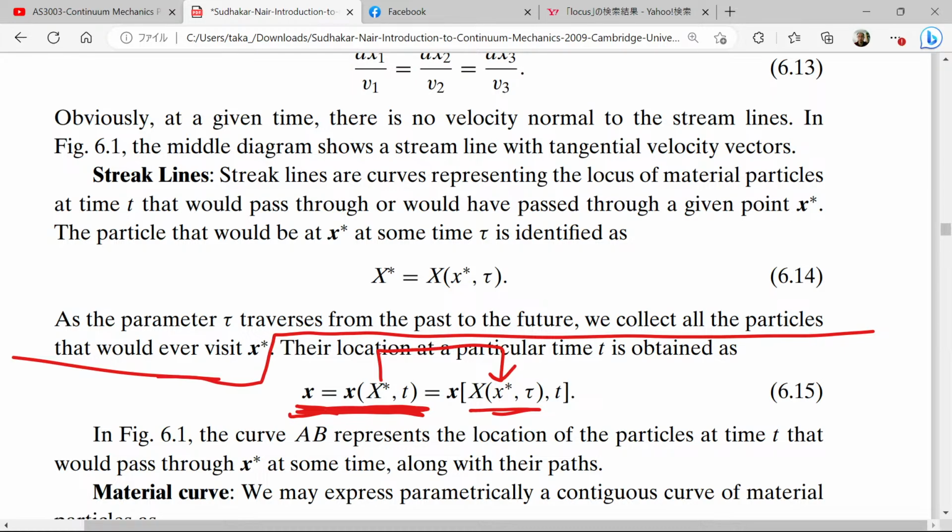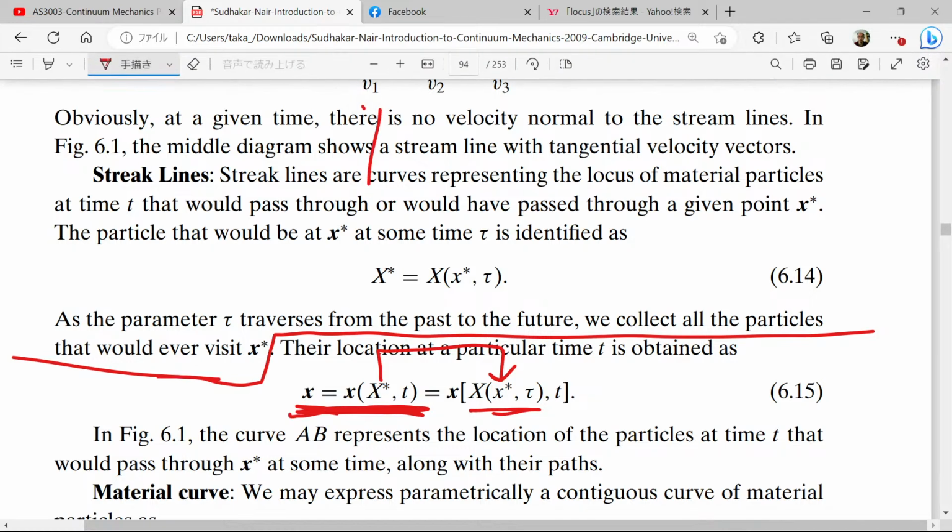In figure 6.1, the curve AB represents the location of particles at time t that would pass through x star at some time along their path. Yes, I think I'm right.